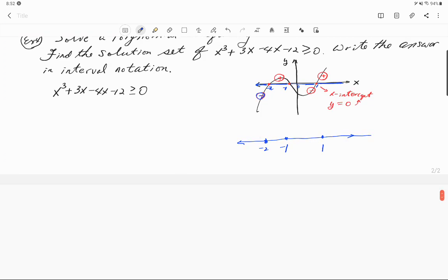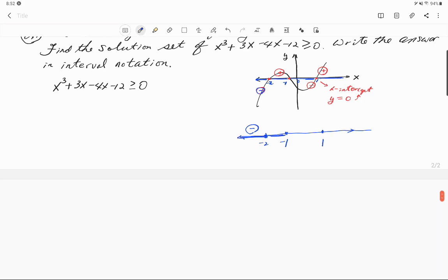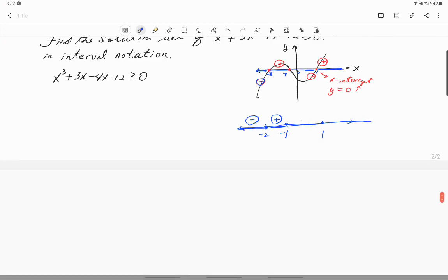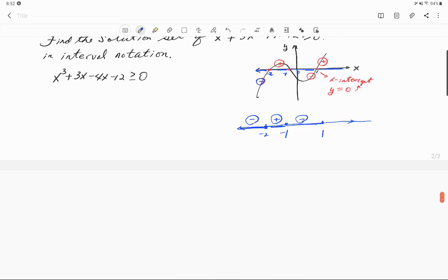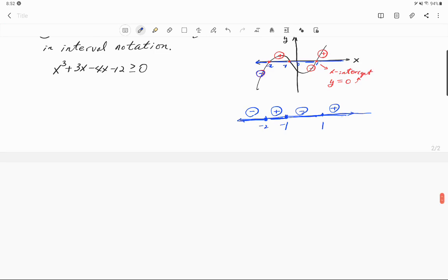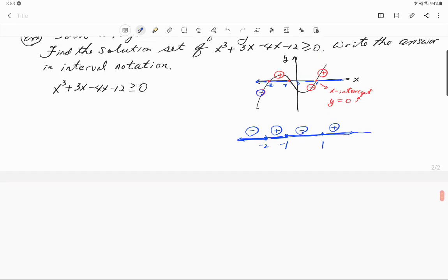So if the interval is this, then the y value is negative. If the interval is between these two, okay, let me just repeat it, the y value is positive. If x is between -1 and 1, then the y values are negative. Again, if x is greater than 1, then the y value is positive, right? So based on the x-intercept, each interval is either positive or negative.